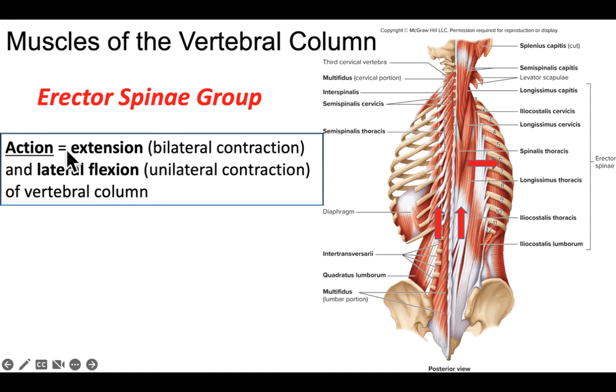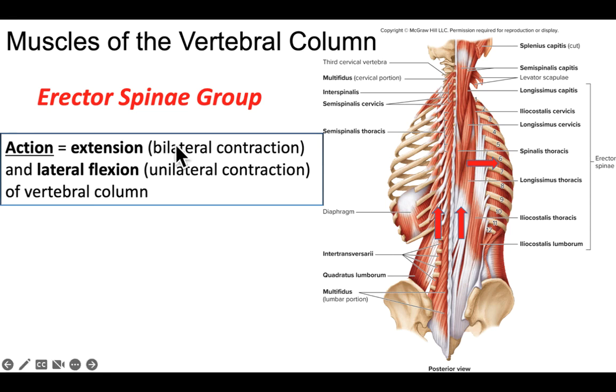It's going to do extension of your spinal column or vertebral column, and that's going to maintain that straight up and down or erect vertebral column. If only one side contracts, so let's say just this side contracts, it's going to pull that vertebral column this way. That's called lateral flexion. That's when you're bending to the side.